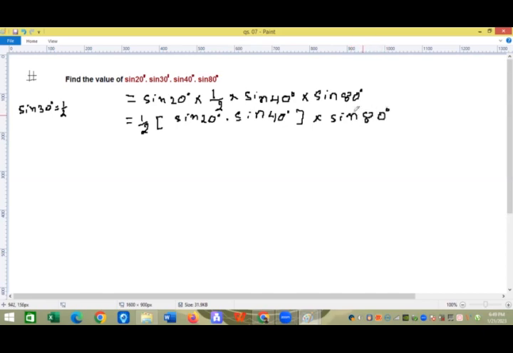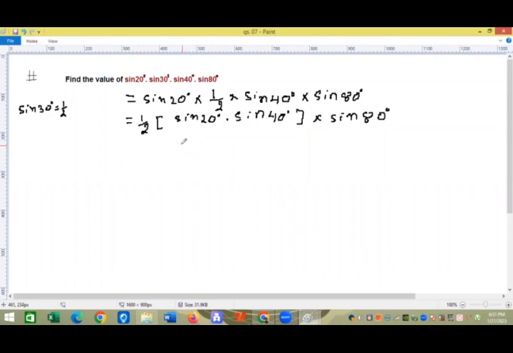So look at here now. I'm taking the combination of sine 20 degrees and sine 40 degrees in order to reach the result, because at this time I believe that there will be some values of sine like 30 degrees or cos 30 degrees, 60 degrees, 45 degrees, because I can see here that 20 plus 40 is 60 degrees. So this is easy to write the value of sine.